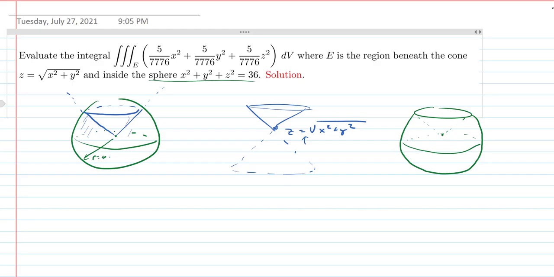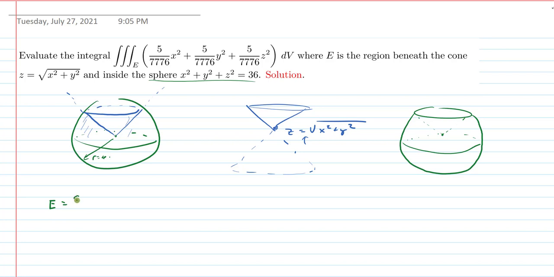So I think we're ready to start describing this region, E, in terms of rho, phi, and theta. So I think we should feel comfortable saying that our theta has to go between 0 and 2 pi.